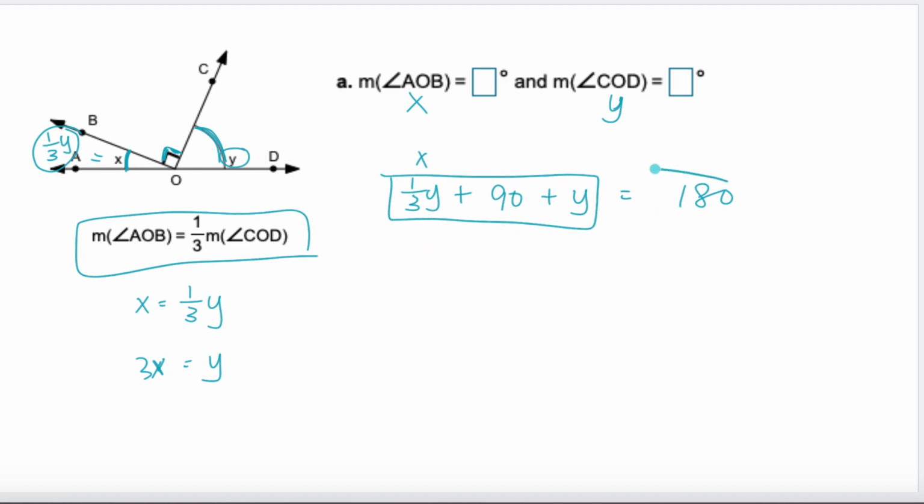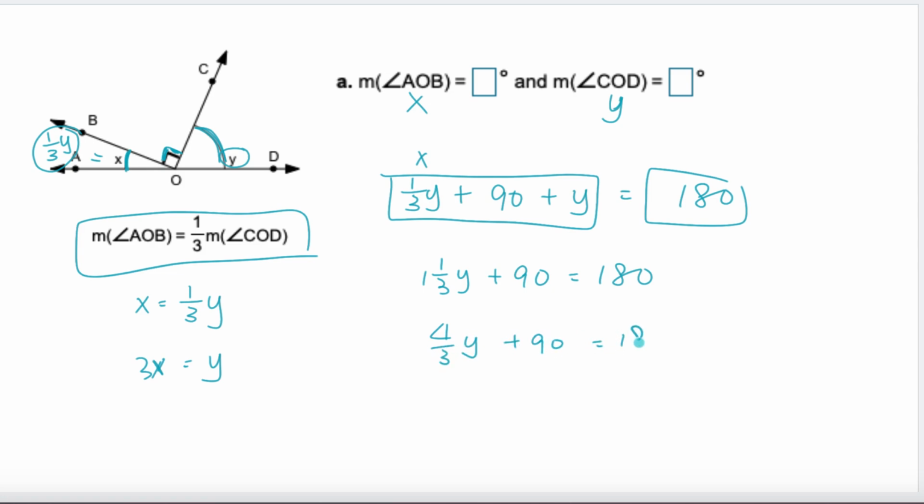Now it's algebra. What's 1/3 y plus 1y? 1 plus 1/3 y is 1 and 1/3 y, plus 90 is equal to 180. 1 and 1/3 y is 4/3 y.